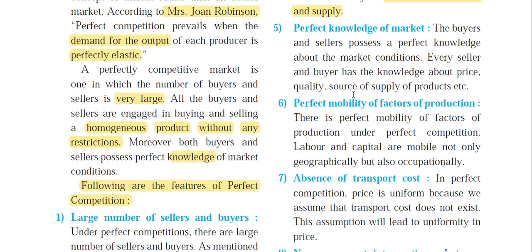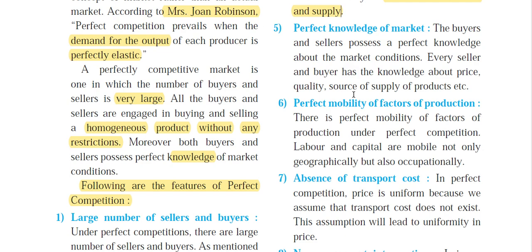Moving on to perfect knowledge of the market. Obviously the buyers and sellers both have knowledge of the market condition, and they have knowledge not only about the price, but also of the quality and the sources of supply of the product.